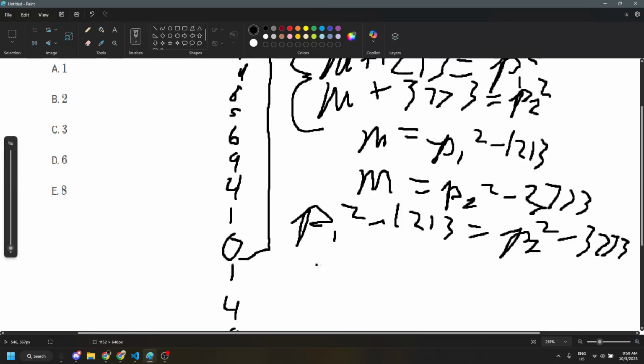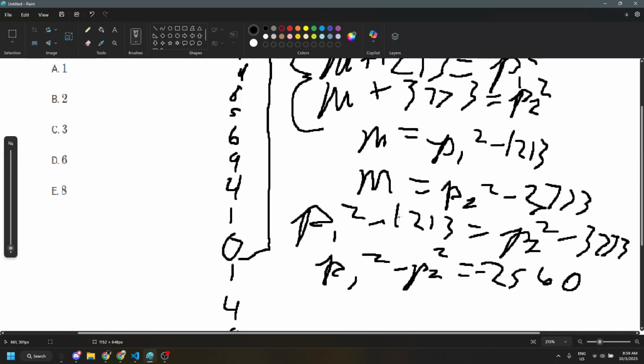Now simplify: p1 squared minus p2 squared, the difference of two squares, is equal to, adding this, we get negative 2560, I think, right?